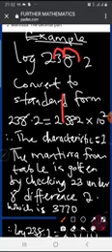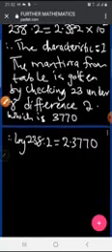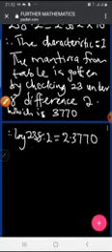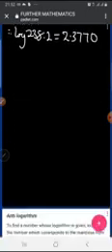So the characteristic is 2, and the mantissa is 3770. Therefore, the answer of log 238.2 is 2.3770. Is that understood? I think it's simple enough.